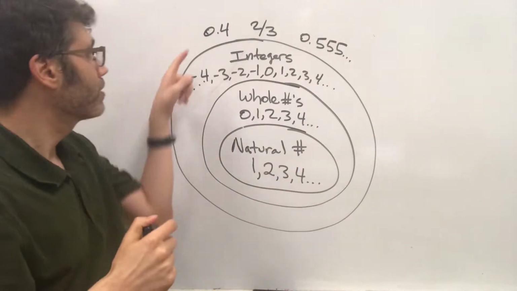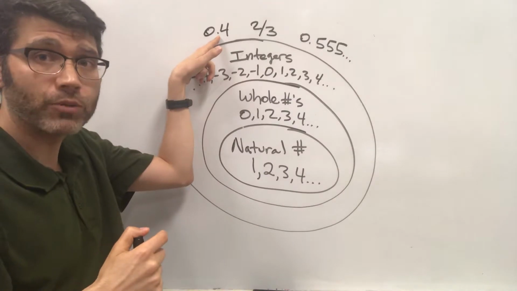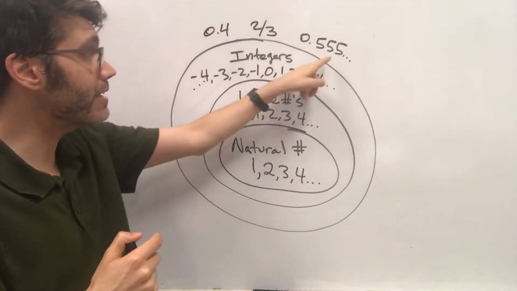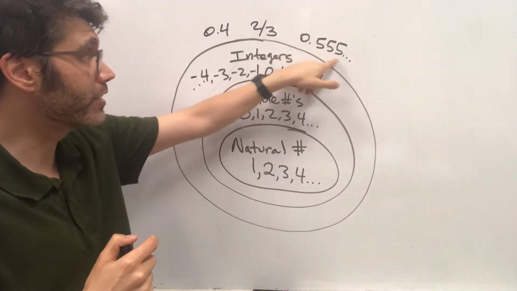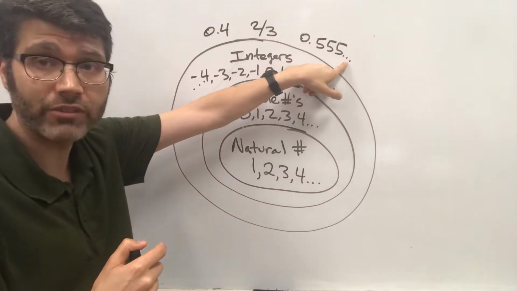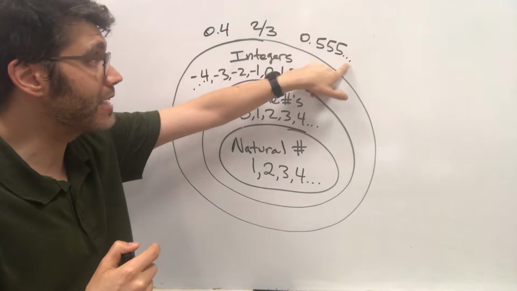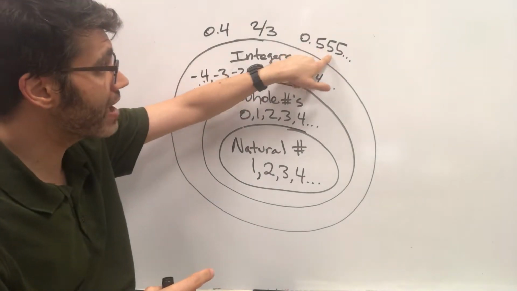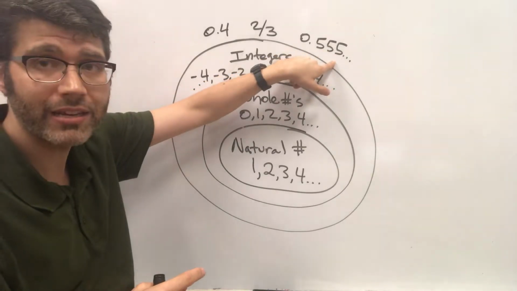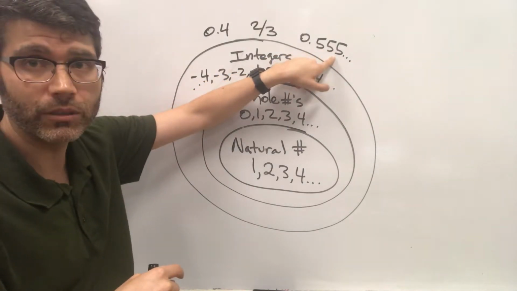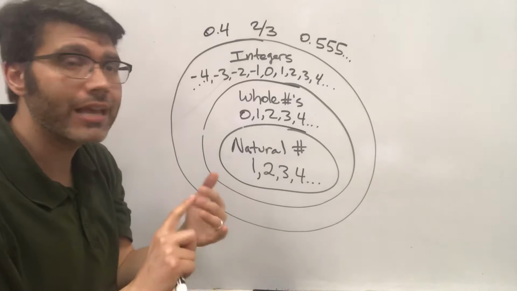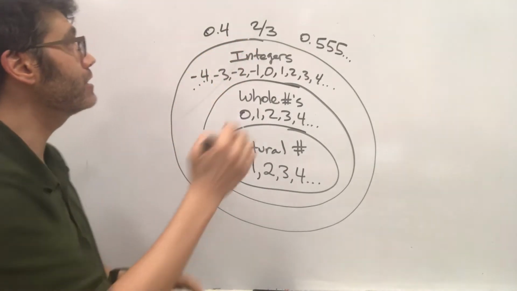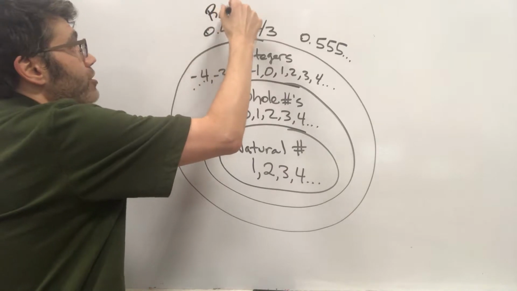It does not go on forever, it stops at some point. And these numbers, like 0.555, go on forever; these ellipses, these dots, show that it goes on forever, but because I have 5 being repeated over and over again, it is a repeating decimal. So repeating decimals, as well as terminating decimals, as well as fractions, are all considered rational numbers.